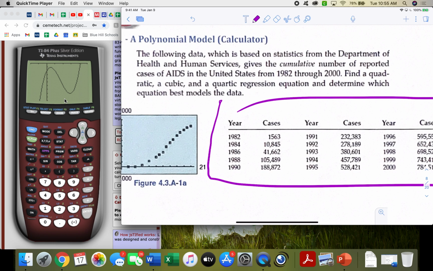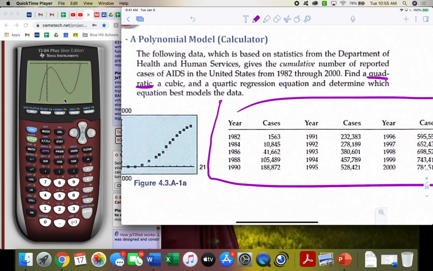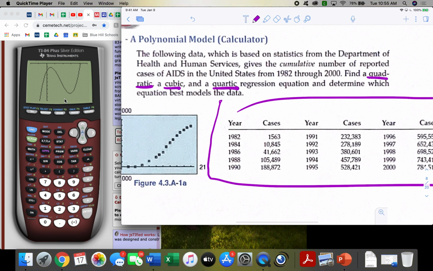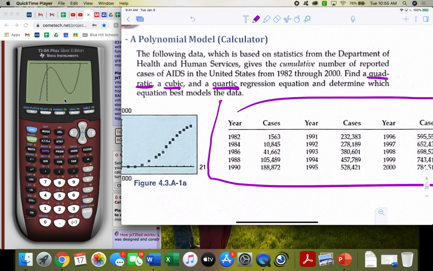Kind of morbid, whatever. They want us to find a quadratic function, a cubic function, a quartic function, and determine which one is the best fit. Okay, so find 3 equations: quadratic, cubic, and quartic.